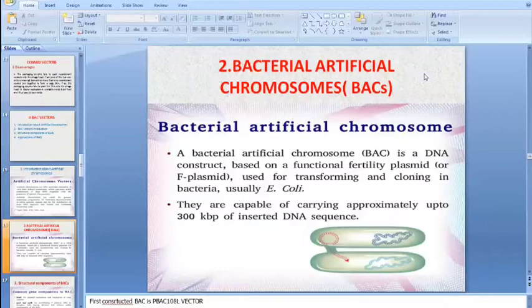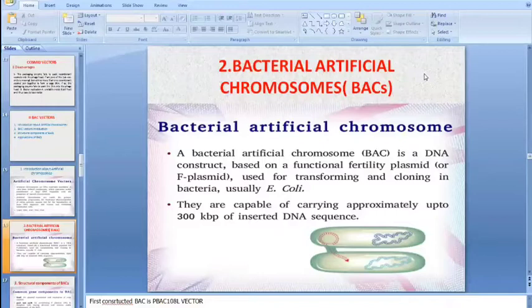A plasmid with F plus means male. F plus indicates maleness, whereas F minus means femaleness. So the fertility plasmid is used for construction of a bacterial clone, that we have to remember.